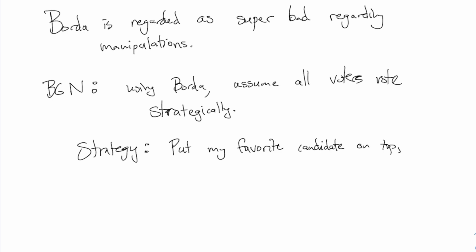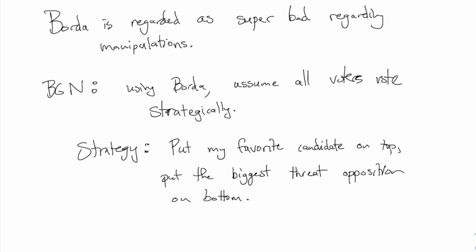You put my favorite candidate on top, and you also put the biggest threat opposition on the bottom, because you don't want to give the other guy who might win any more points than you have to. So put them on the bottom, then they get 0 points. That's the basic strategy with the Borda.